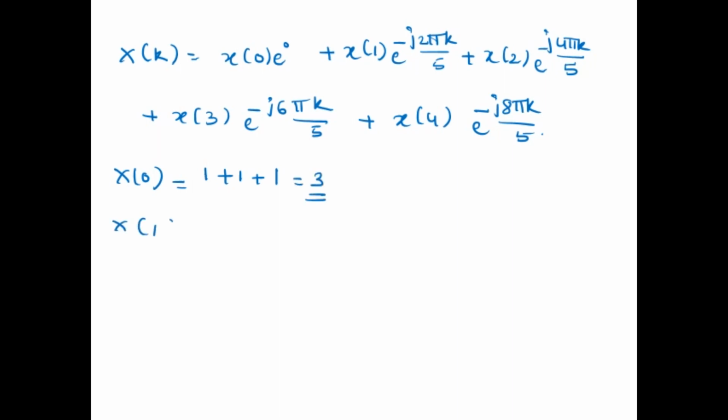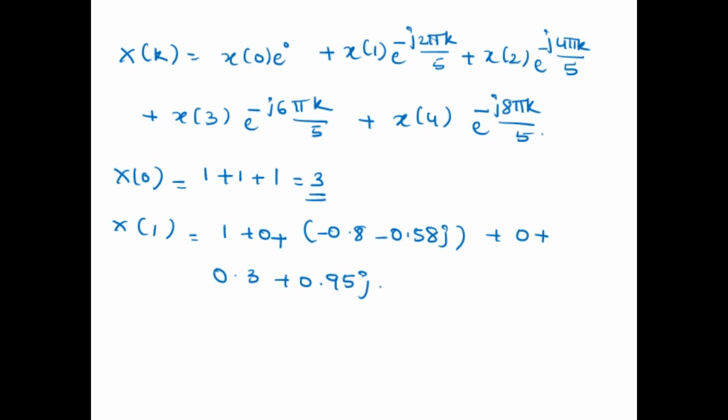X of 1 is 1 plus 0 plus minus 0.8 minus 0.58j plus 0 plus 0.3 plus 0.95j, which is equal to 0.5 plus 0.37j. So in polar form, we get the answer as 0.62 at an angle of 36.5 degrees.